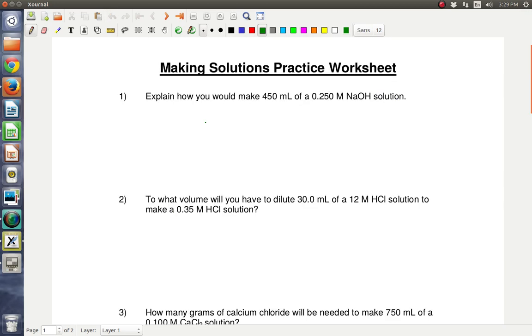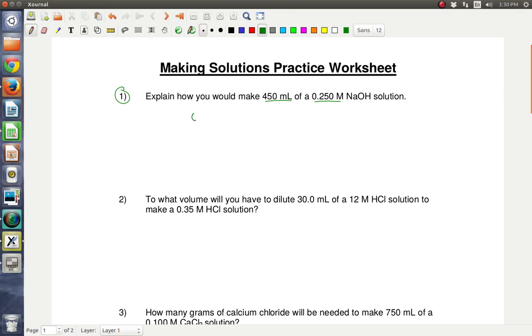Okay, I'm going to do one more question on this particular tutorial, and this is from the Making Solutions practice worksheet. We're going to do question number 1. Explain how you'll make 450 milliliters of a solution that has this concentration, 0.250 molar sodium hydroxide. Okay, so again, you're going to set up equivalent fractions.